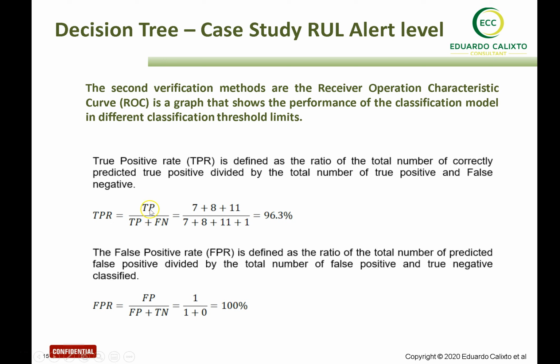So the true positive rate is true positive divided by true positive plus false negative, and the false positive rate is false positive divided by false positive plus true negative.